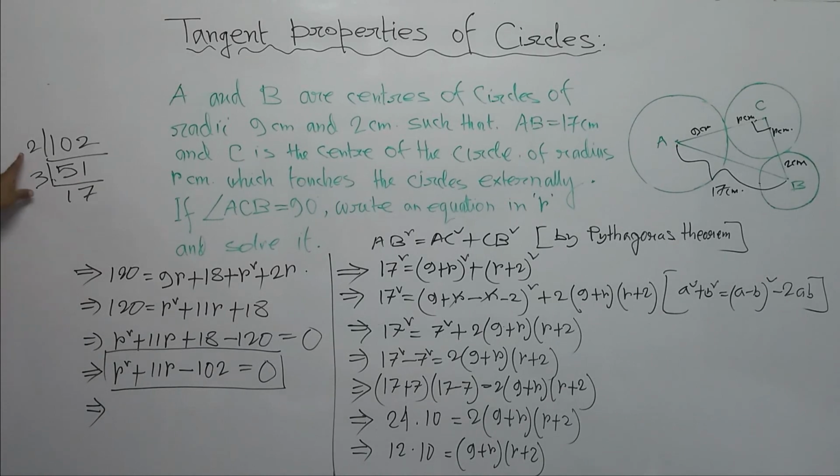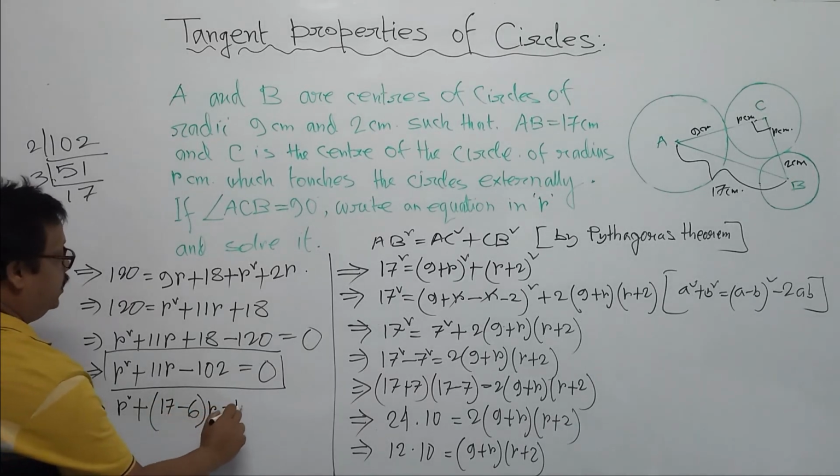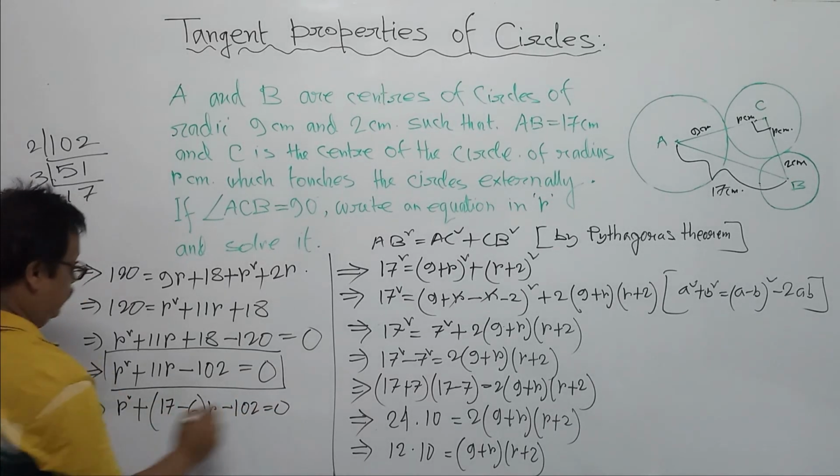See, 2 into 3 is equal to 6, correct? And 17. So 17 minus 6, you are getting 11. Clear? So you can write r square plus, in place of 11, 17 minus 6. Correct? Minus 102 equal to 0.